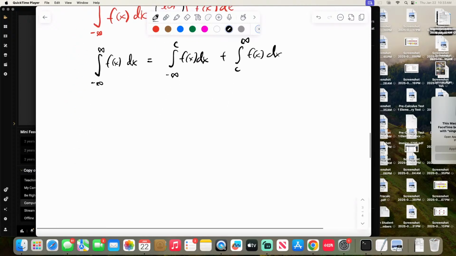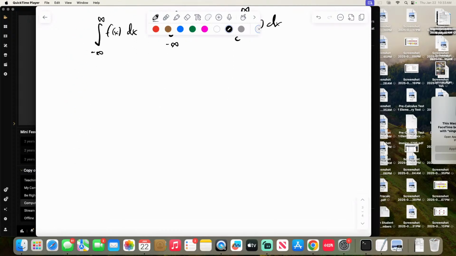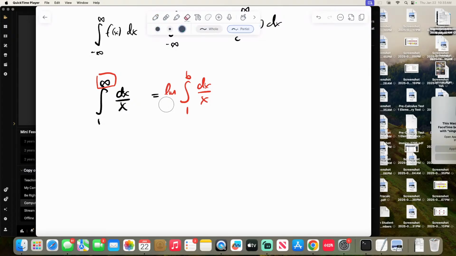So we're going to give you an example so that you guys know what's going on. Let's just say integration from 1 to infinity of dx over x. Instead of writing this infinity right here, we're going to say it's b: the integral from 1 to b of dx over x, with the limit as b approaches infinity. Is that okay?